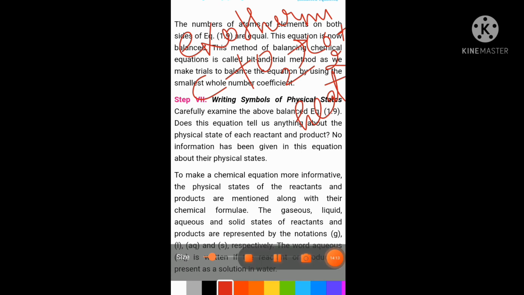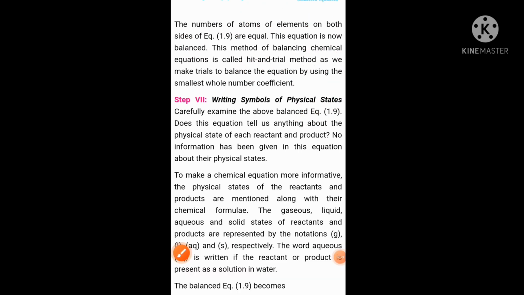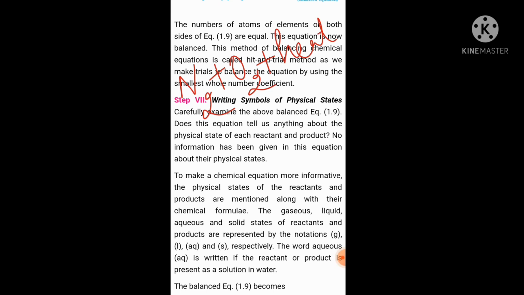Okay, next is endothermic. Okay, what is endothermic? These are those reactions in which heat is absorbed during the reaction. Okay, heat will be absorbed, like nitrogen plus oxygen plus heat will form nitrogen oxide.